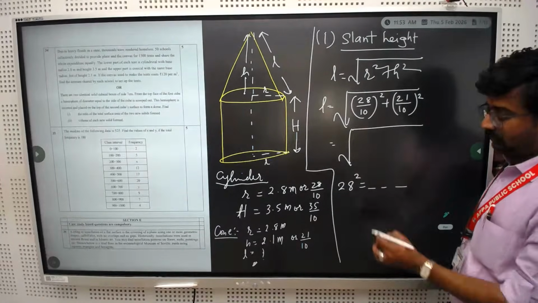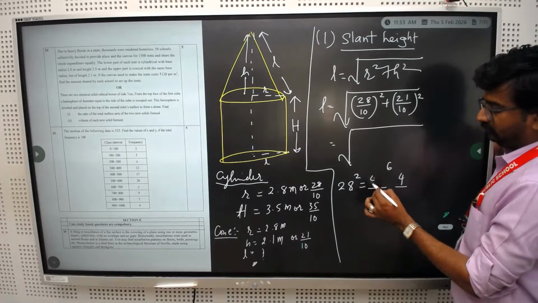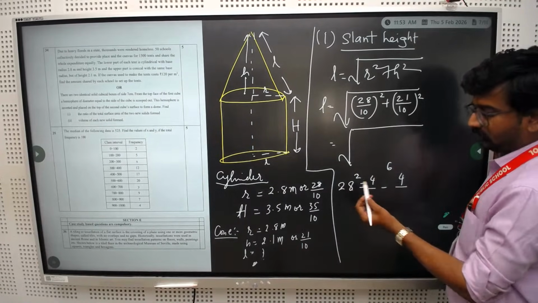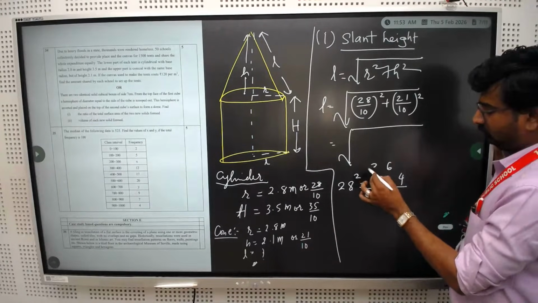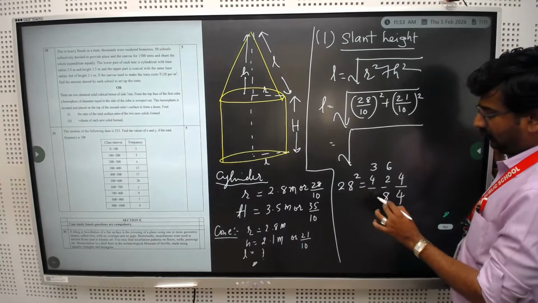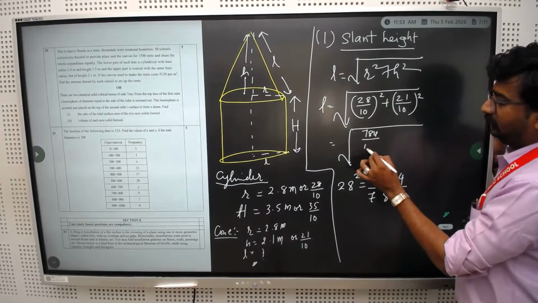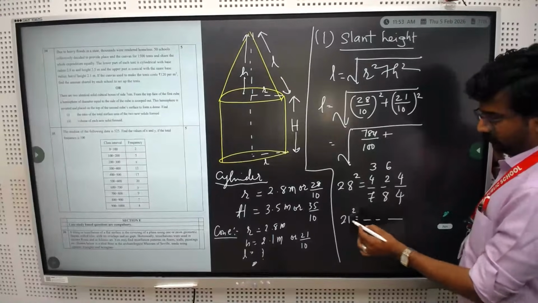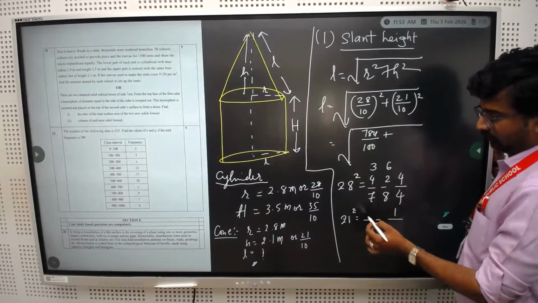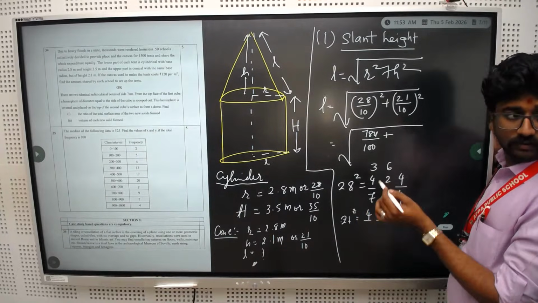What is the technique? 8 square is 64. 2 square is 4. 8 twos are 16, twos are 4, 8. 784 by 100. 21 square: 1 square is 1, 2 ones are 2, 2 twos are 4.